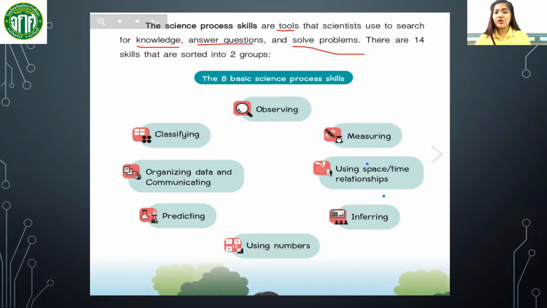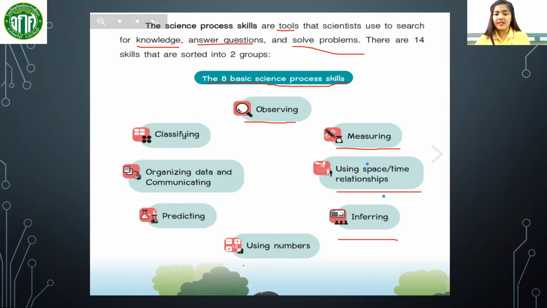Okay, so the first group, we have the 8 basic science process skills. Under the 8 basic science process skills, the first one is observing. The second one is measuring. The third one is using space-time relationship. The fourth one is inferring.